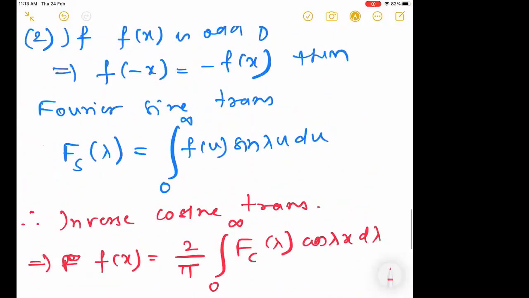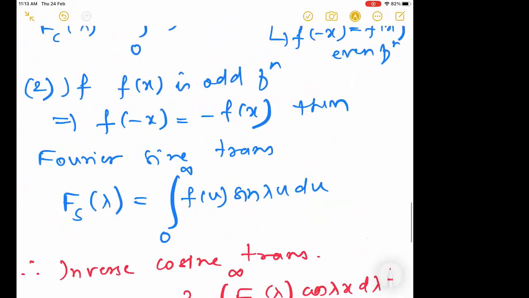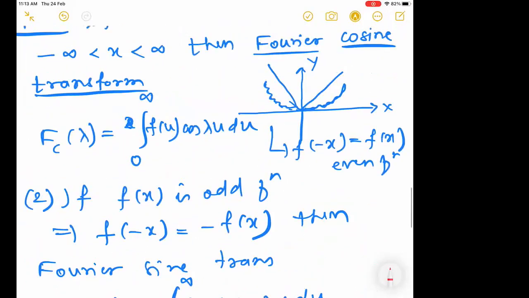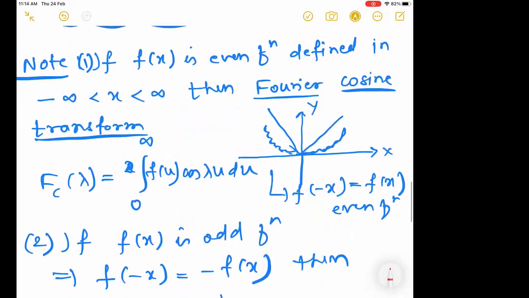So I'll just go through this note number 1, where the function is defined as an even function, which is symmetrical about the y-axis. So the positive part and negative part of the x-axis will remain the same. Like a parabola function, if you take y equal to x squared, it is a parabola opening in the upward direction.